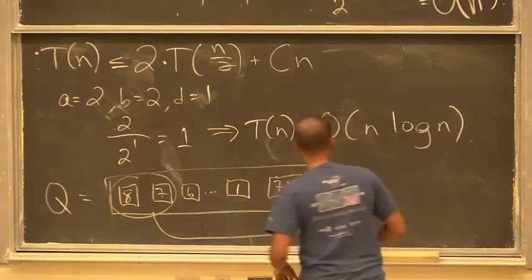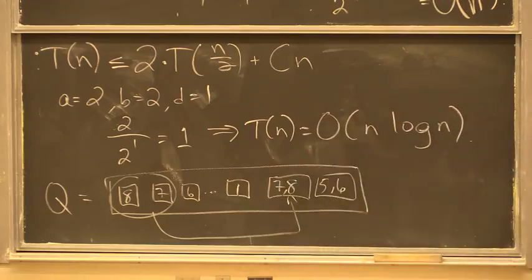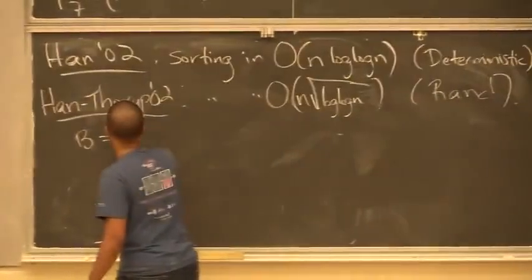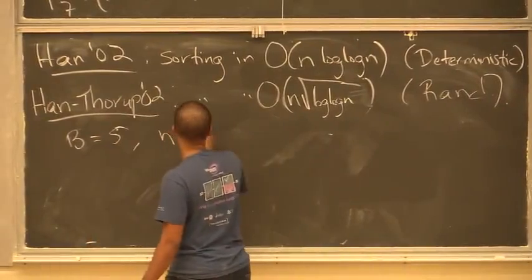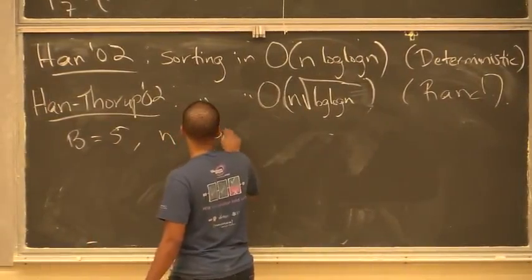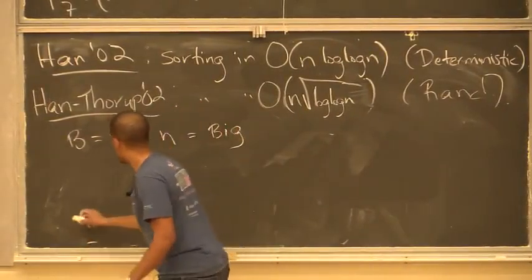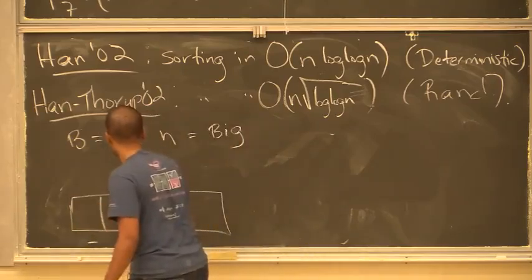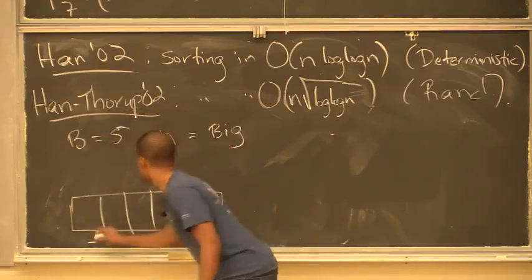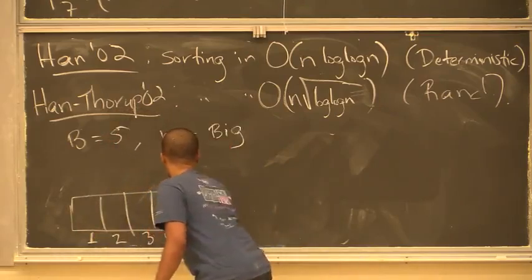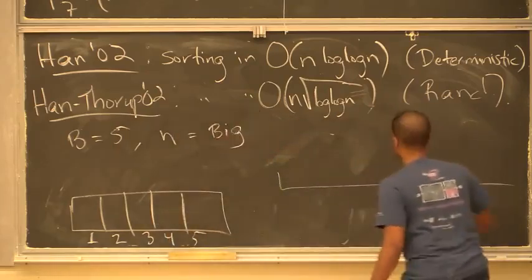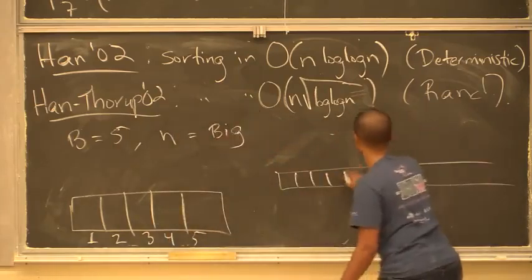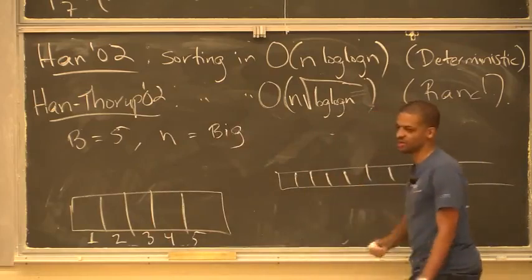So let me actually just do counting sort down here. Let's say b is 5, and then n can be something big. I'm going to allocate an array of size 5. And here's A now, the array I'm trying to sort. All of these entries are between 1 and 5.